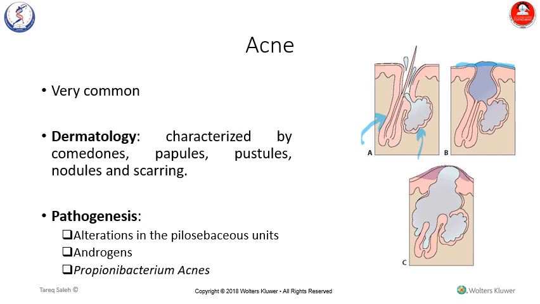Now, this hyperkeratinization or abnormal proliferation of keratinocytes will block the outlet that releases sebum into the outside. This results in sebum accumulation inside the hair follicle, and that is manifested clinically by the formation of comedones.